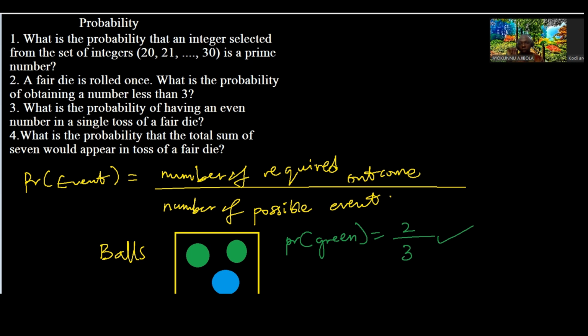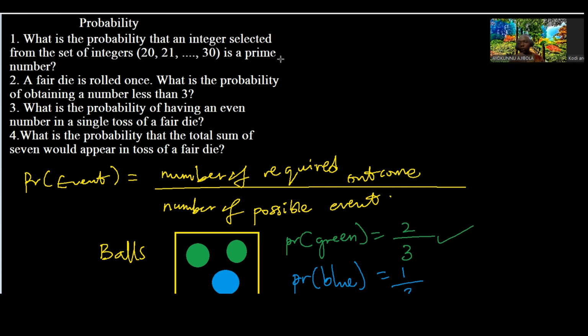If I say what's the probability of picking a blue ball, that would be: how many blue balls are there? Only one chance out of the total three chances. So with that, we can use this same method to approach some of these questions.